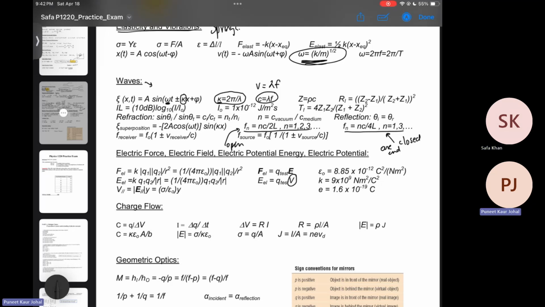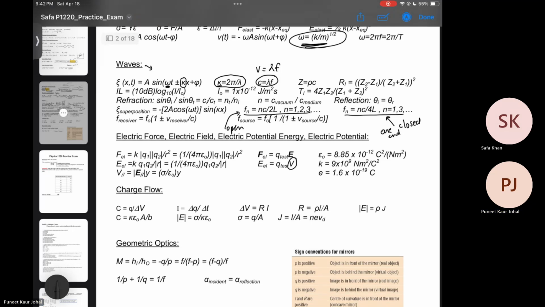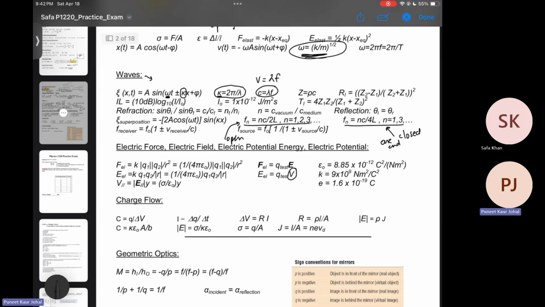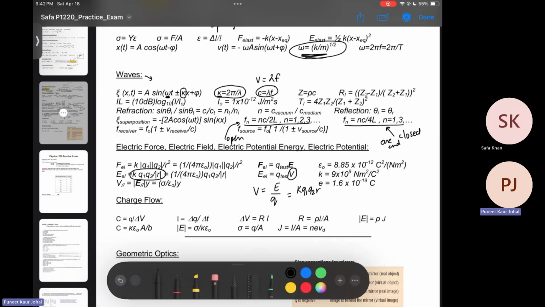So E over Q, that's one of the formulas. Is it somewhere here? Nope. These are charge flows. You should be able to rearrange, like if you know that V is E over Q, and you know V is basically K Q1 Q2 over R, and then you put this Q here.